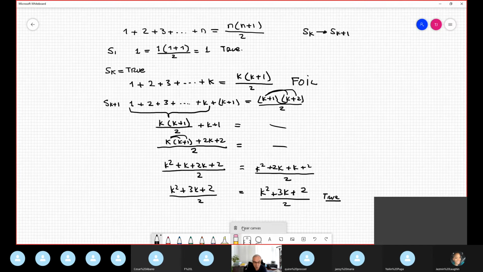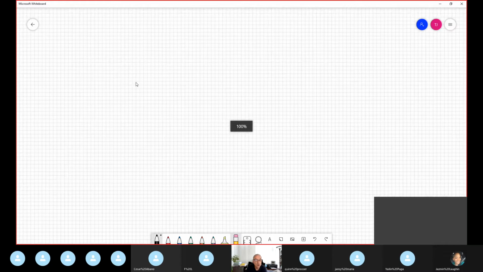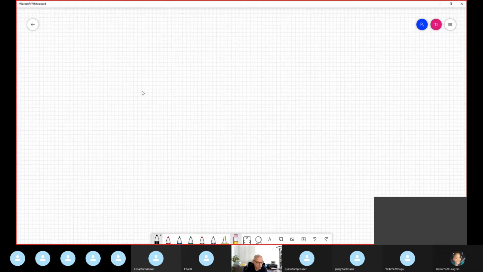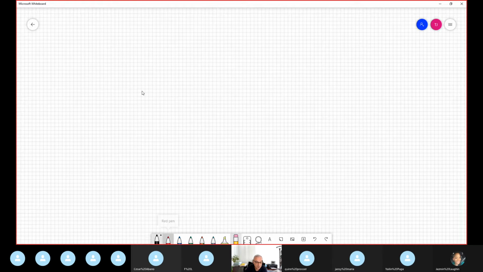Let's see the famous formula that we used in the last class. Remember the summation, let me change the color. The summation for i equals 1 to m of i squared, and remember we can use any variable here, it's a dummy variable, is equal to m times (m plus 1) times (2m plus 1) divided by 6.